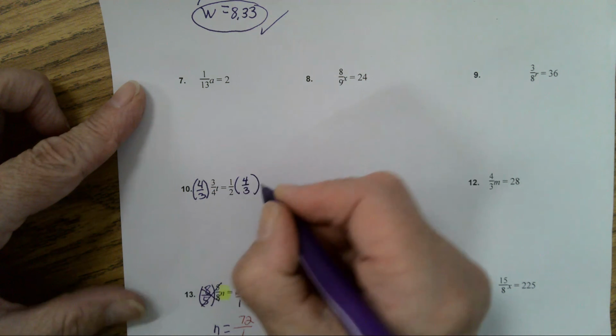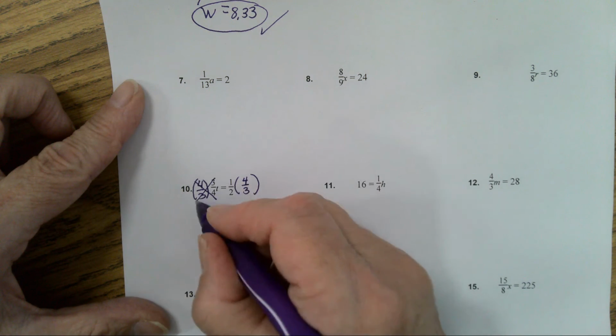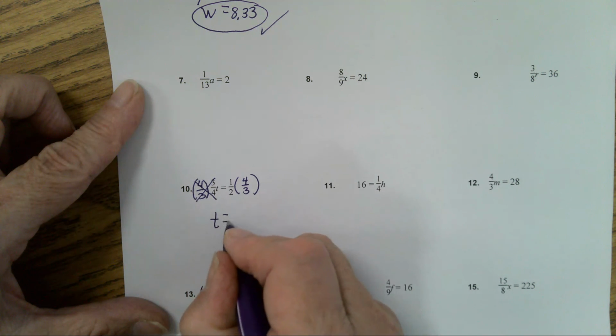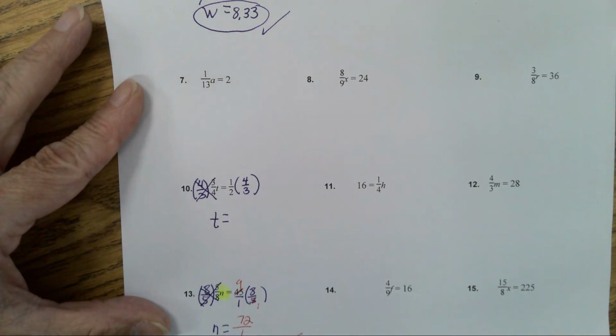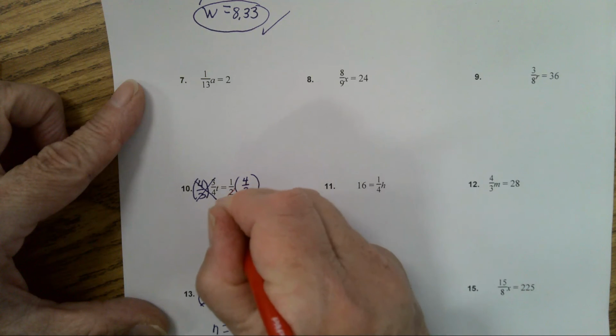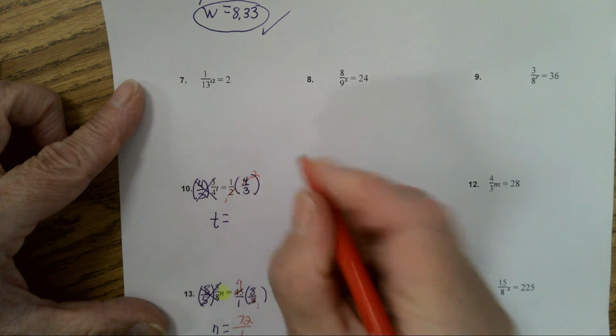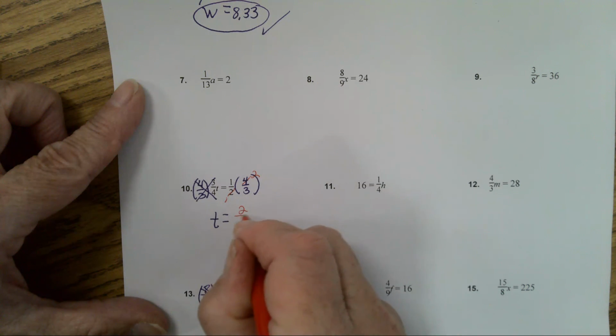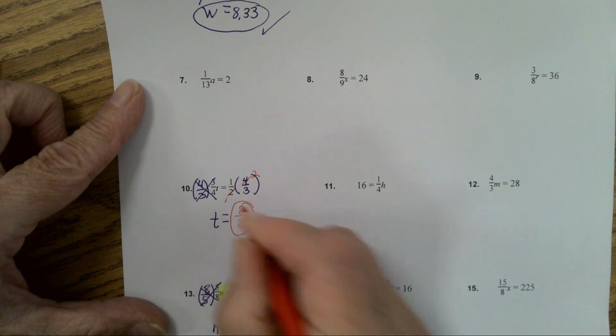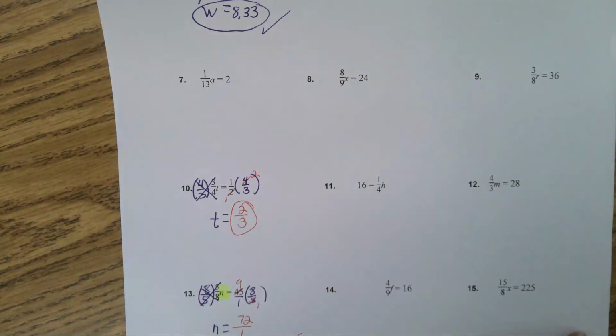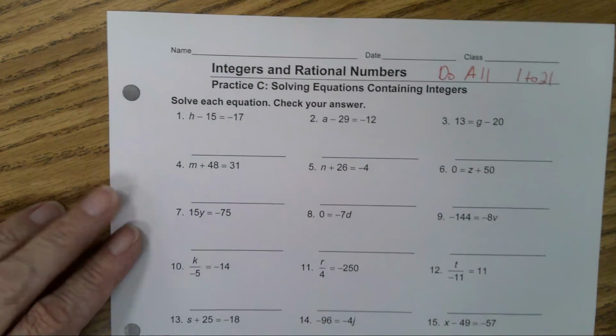Oh, wait, that's not the 10. Oh, okay. It's on the other side. Well, let me finish this one. 2 goes into 2 once, 2 goes into 4 twice, and t equals 2/3. Okay? Which problem is it? It's on the other side. On this side, which number? 10. Number 10 on this side.